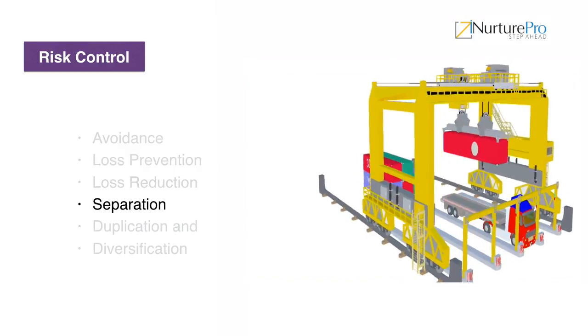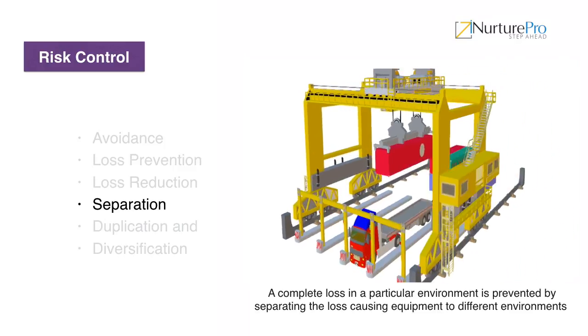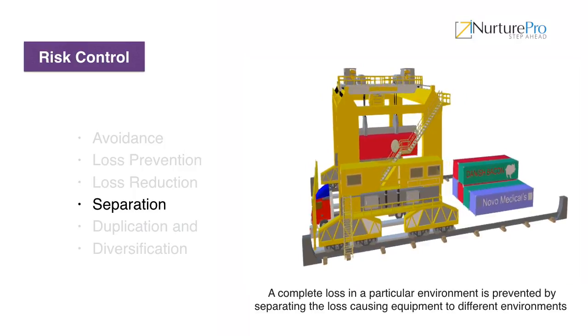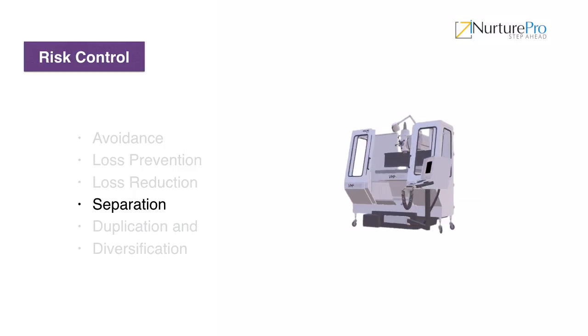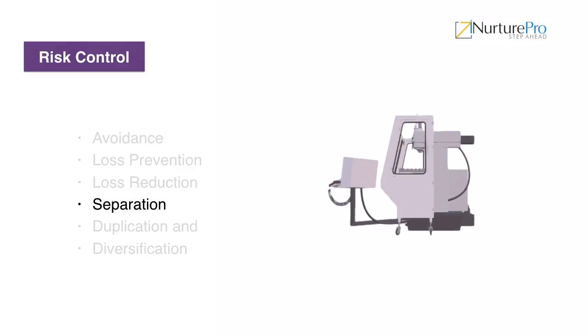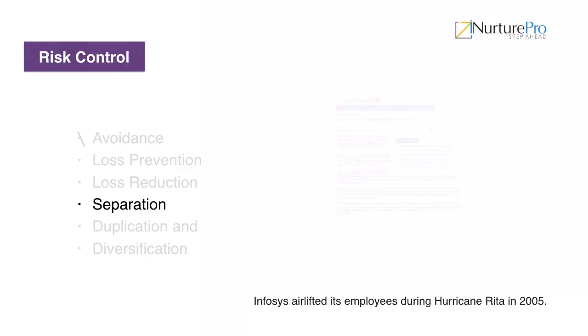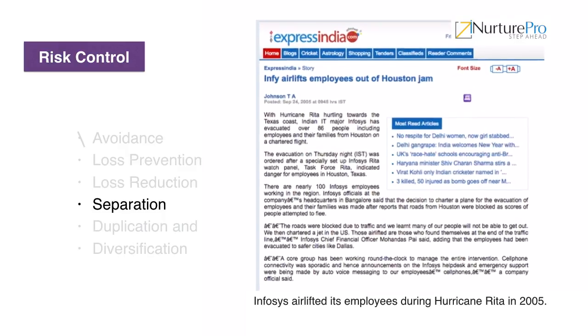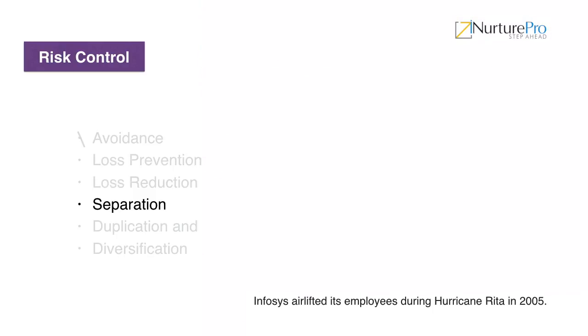Separation. By applying this technique, a complete loss in a particular environment is prevented. The loss-causing equipment or the unit is separated and moved to different environments without being stationed or concentrated at one point. An example could be that of Infosys airlifting its employees during Hurricane Rita in 2005.